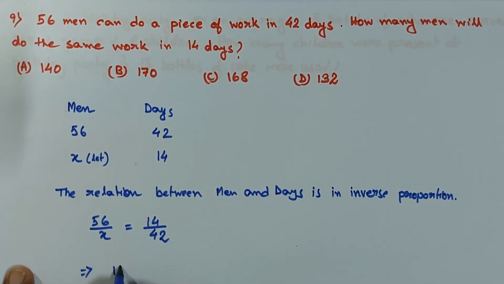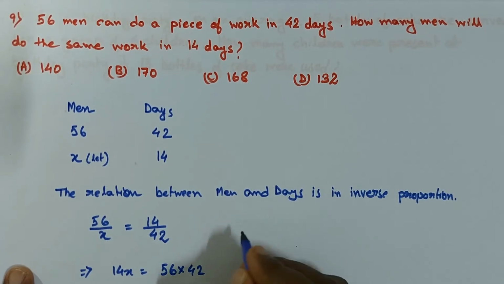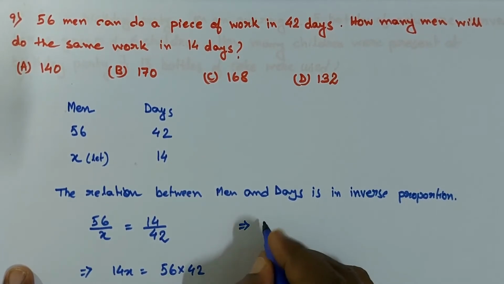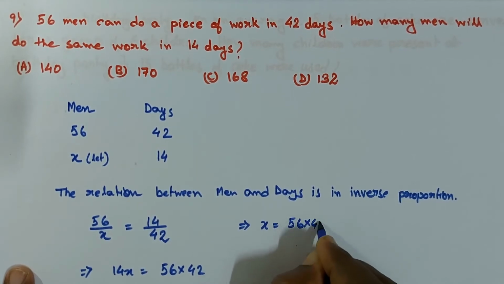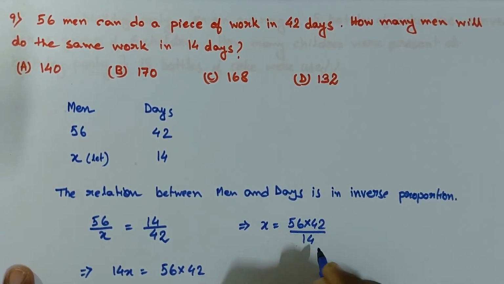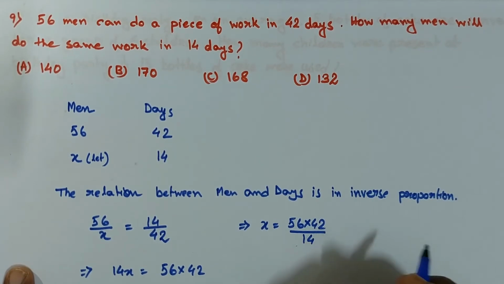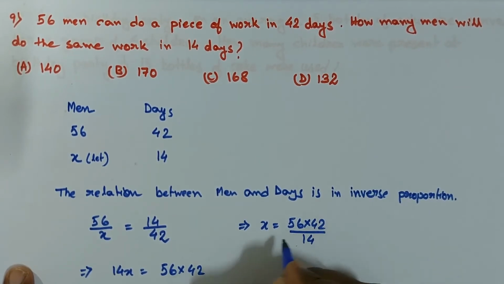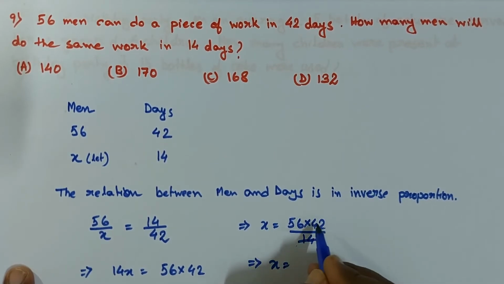So 14x is equal to 56 into 42, or x is equal to 56 into 42 by 14. Now 3 14s are 42.